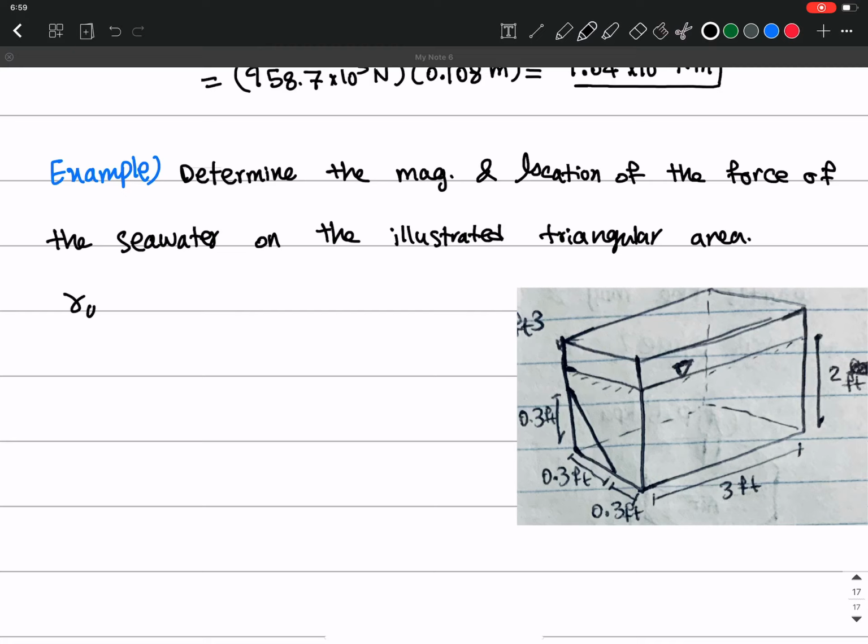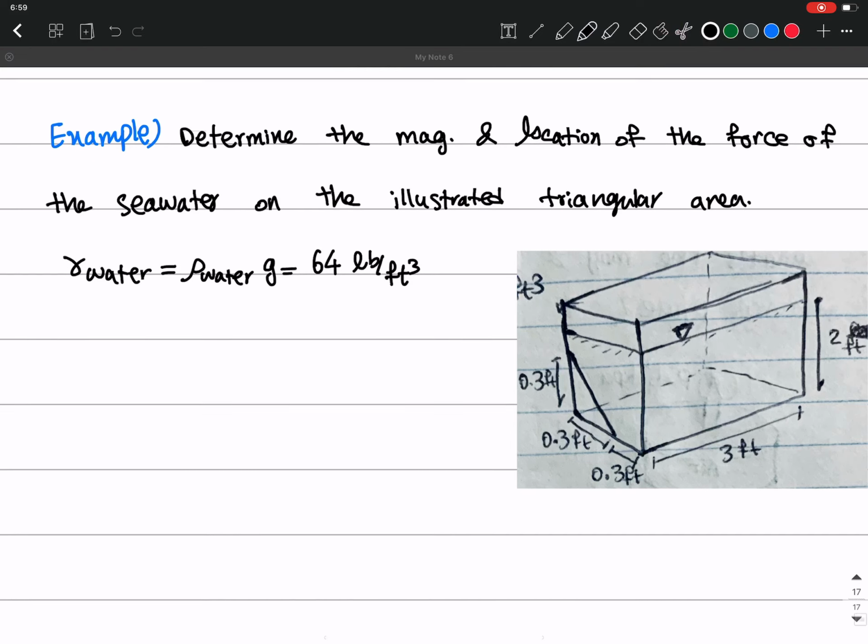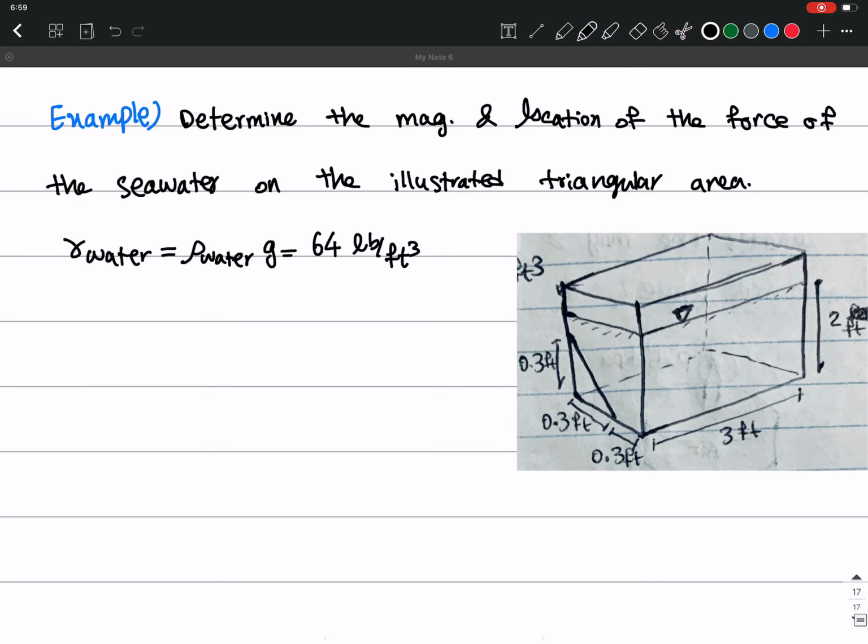And the gamma of water, which is the specific weight, or rho g of the water, is given as 64 pound per foot cube. Okay, so now we are in the British system. So the question wants us, in this tank of water, we have water here. This is a tank of water.